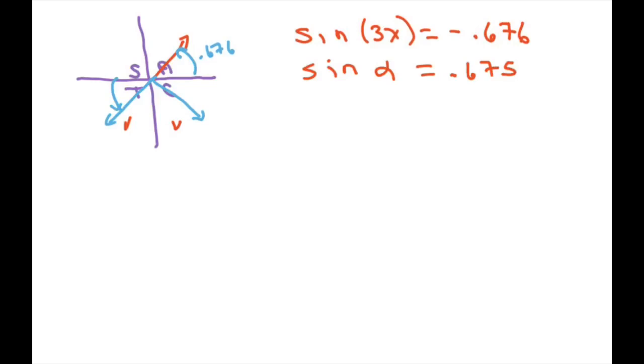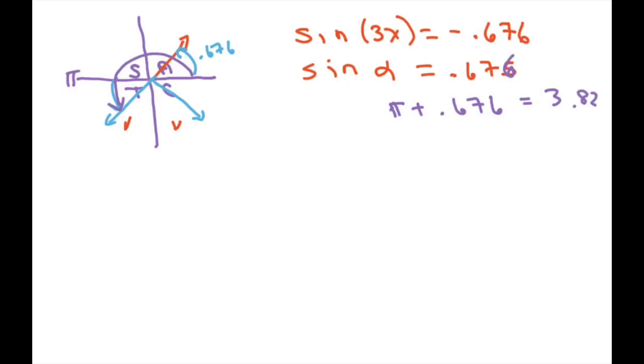So basically to get this angle, I'm going to take pi plus 0.676, and that's going to give you 3.82. So this whole angle here is 3.82.